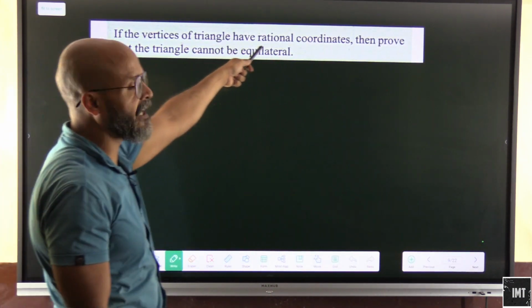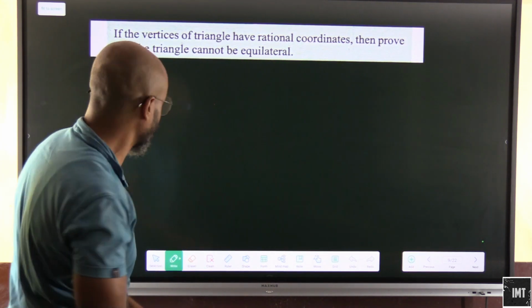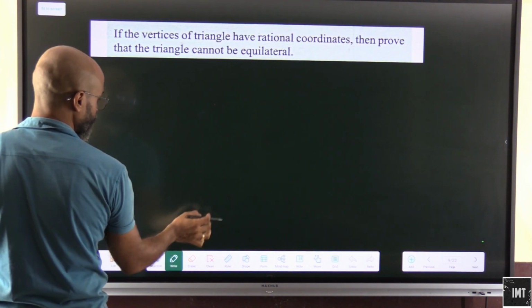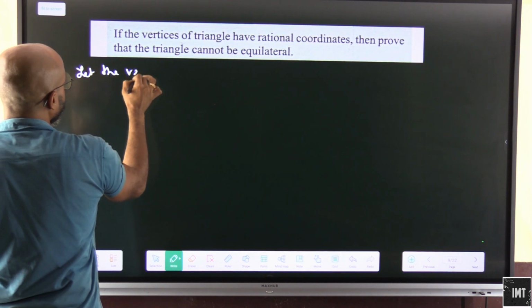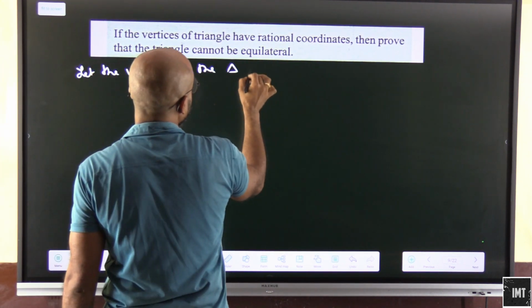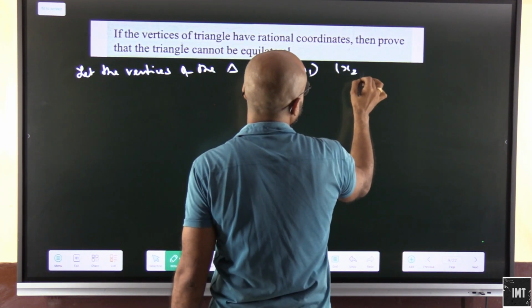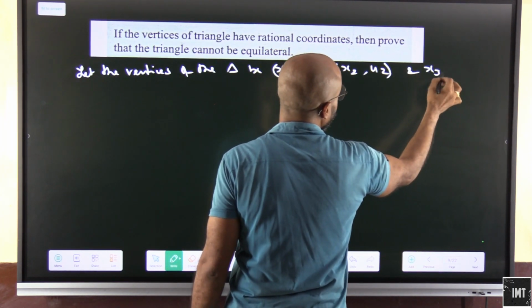If the vertices of a triangle have rational coordinates, then prove that the triangle cannot be equilateral. So let the vertices of the triangle be x1 y1, x2 y2 and x3 y3.